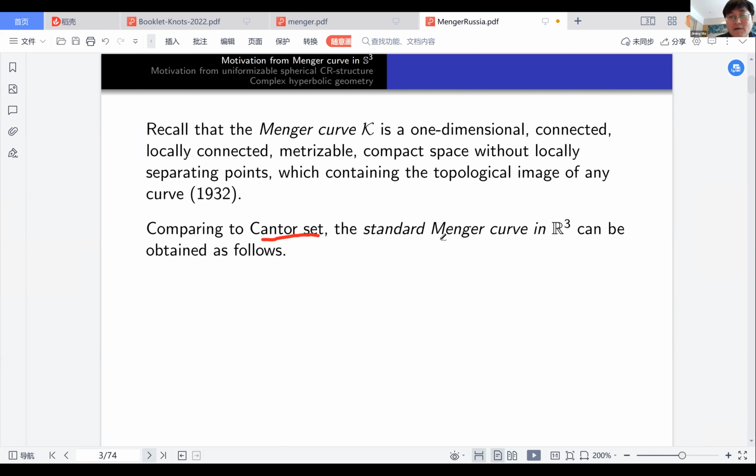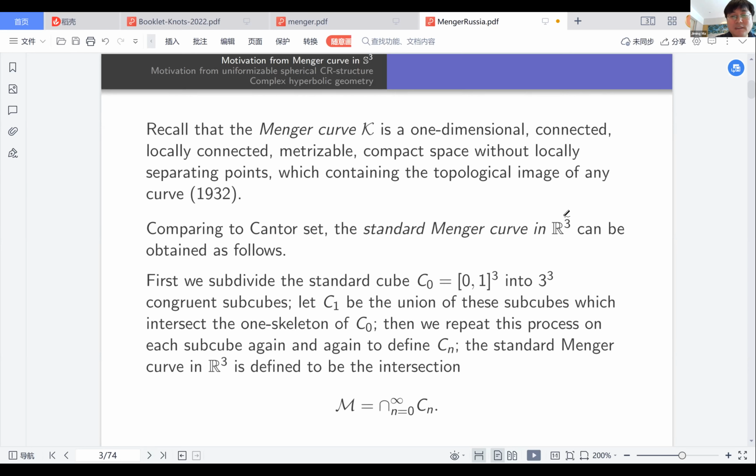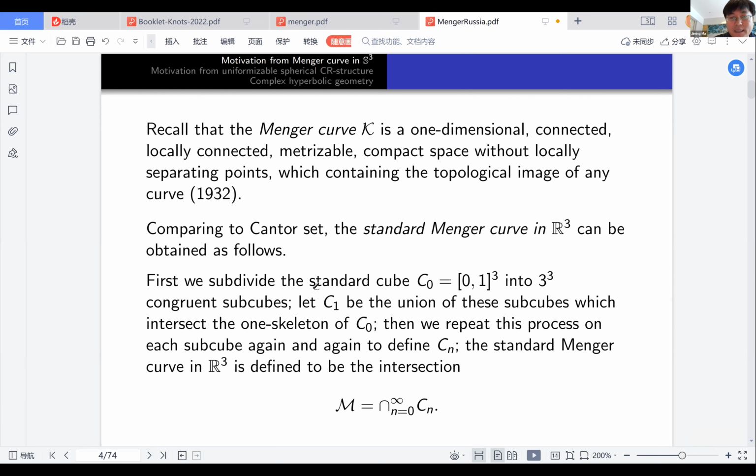The standard Menger curve in the three space can be obtained as follows. First we take a standard cube, which we denote C0, and we subdivide it into 27 subcubes. Let C1 be the union of the smaller subcubes which intersect the one skeleton of C0.